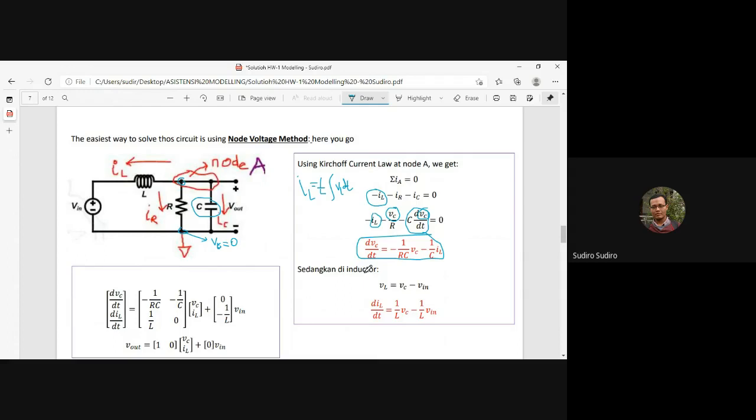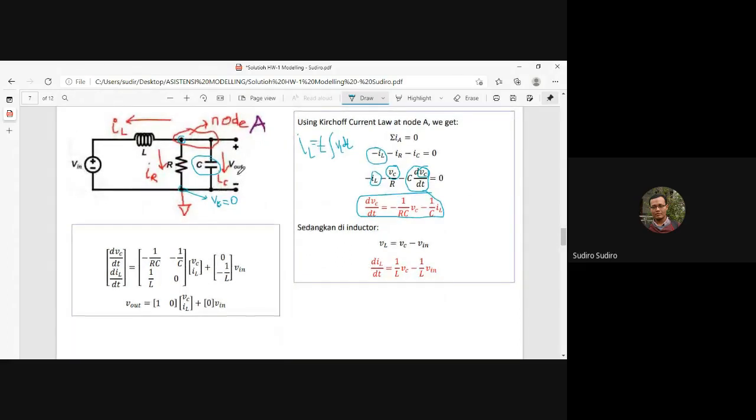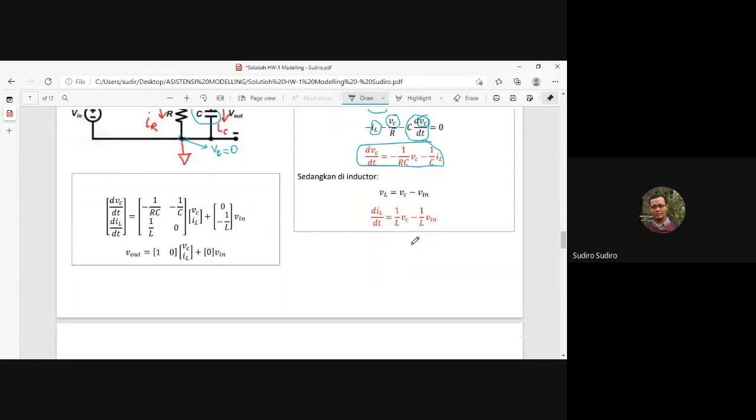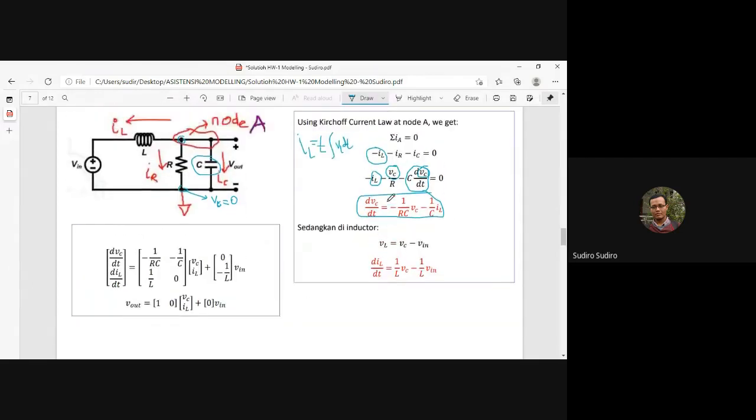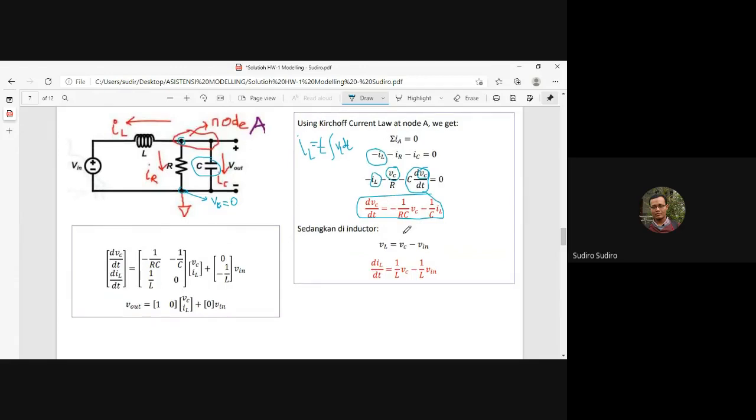Then for the inductor, we can observe that the voltage around the inductor is between node A and the input voltage. So we know that the voltage across the inductor is the difference, which is equal to Vc minus the input voltage, and then we remember that the voltage across the inductor is equal to L multiplied by dIL over dt.